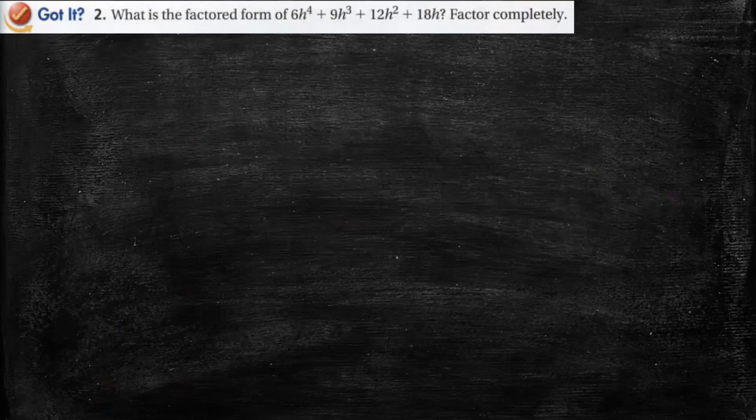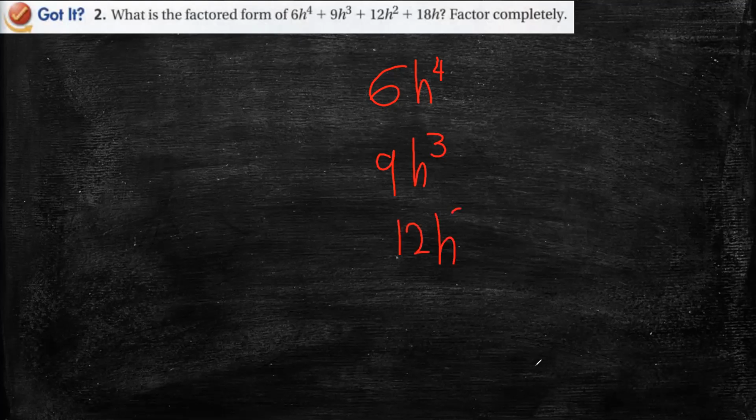Here now, as we said, we have a 4th degree and the last term is not a constant, it's multiplied by a variable. The first step, you have to find the greatest common factor of them. We have 6h raised to the power 4, 9h cubic, 12h squared, and 18h.